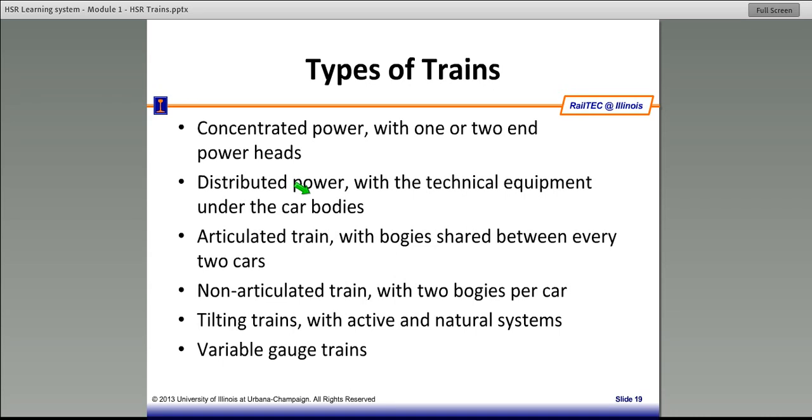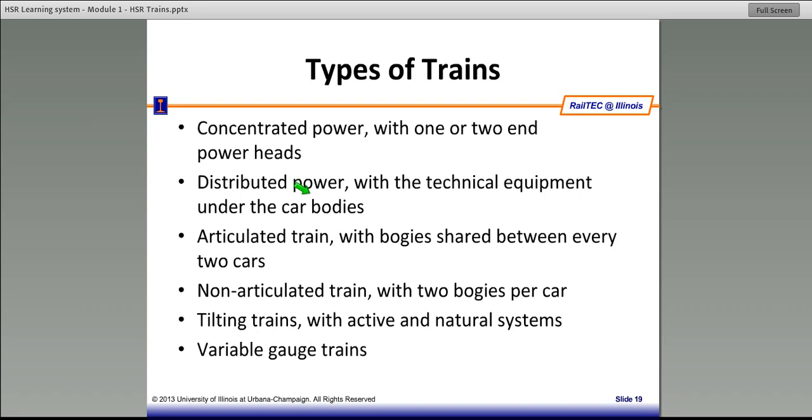There is also a kind of technique in combining the cars together, and the more advanced one is called articulated. There are a lot of advantages of articulated bogie to combine cars together.